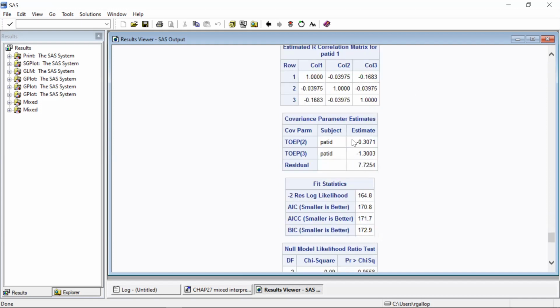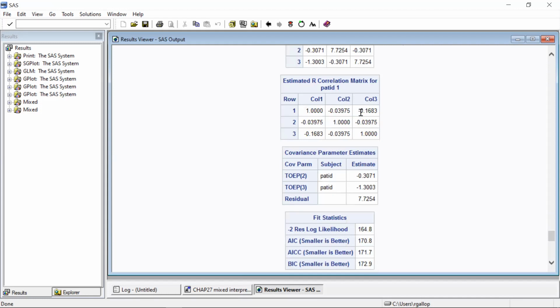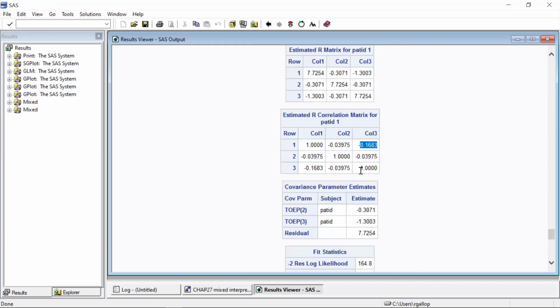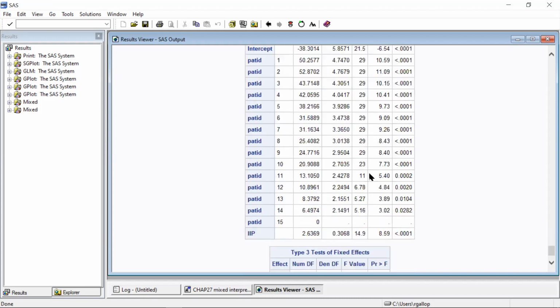This represents the covariance between any pairs of data 1 time point apart, and here's the correlation for 2 time points apart. So we got that all figured out. And the Toeplitz gives us 164.8 for the -2 restricted log likelihood.